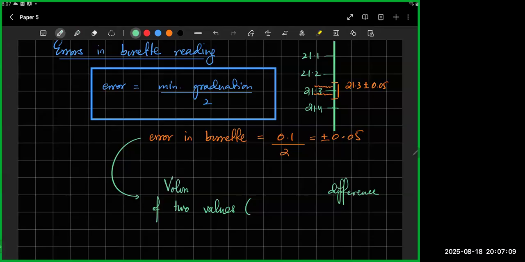So since the volume used is actually the difference, it's the difference of two values, one of them is the final and the other one is the initial. तो उससे क्या होता है, the error adds up.